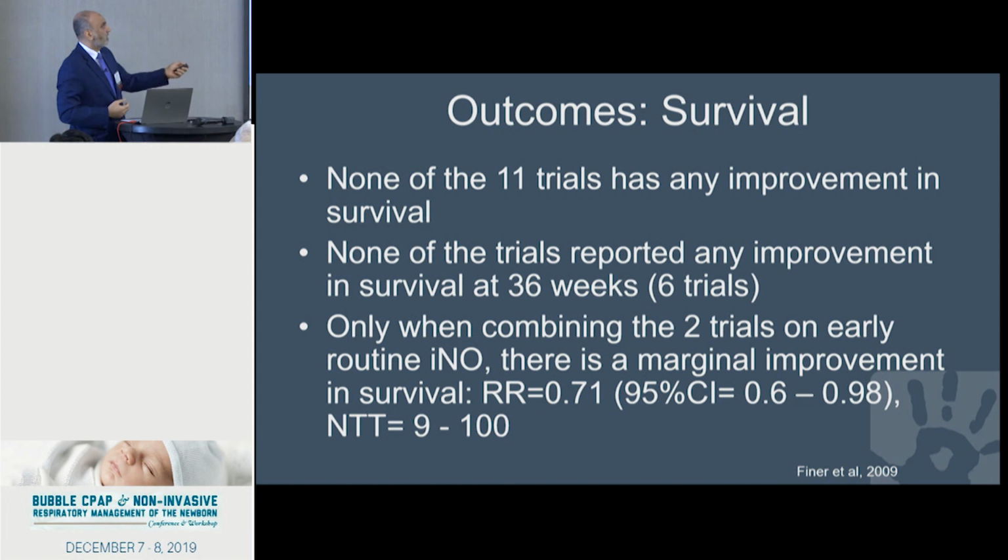So when you look at these 11 clinical trials, none of the trials reported any improvement in survival at 36 weeks, and only one, combining two trials of early routine nitric, which I don't recommend, early prophylactic nitric oxide, showed marginal improvement in survival.